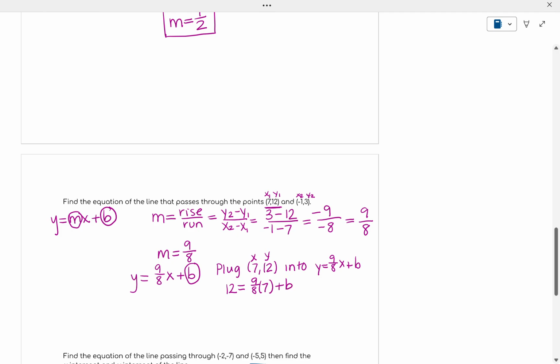And so now we just follow similar steps to solve for the variable b. So 12 equals 9 times 7 is 63 over 8 plus b. And to get b by itself, we have to subtract 63 over 8 from both sides.